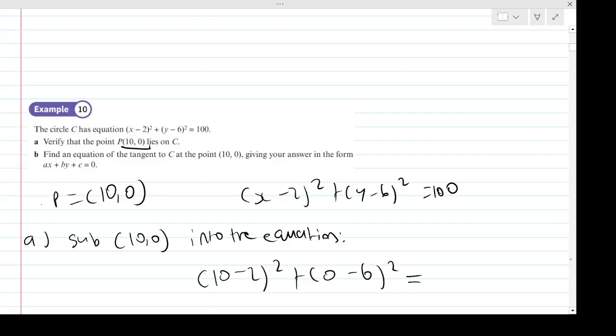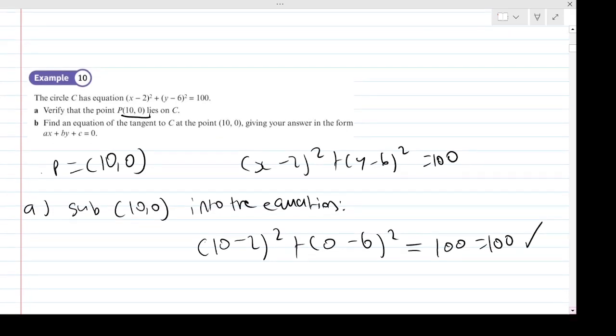So that's 8 squared and 6 squared. Yeah, that should work. I get 100, yes. So 100 equals 100. The left-hand side equals the right-hand side, which means the equation is satisfied. So (10, 0) is on the circle.